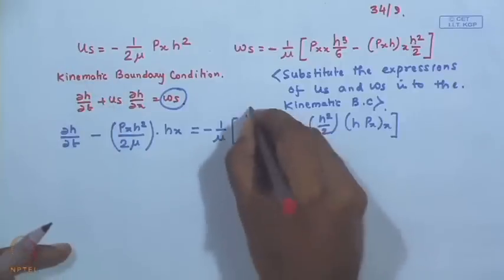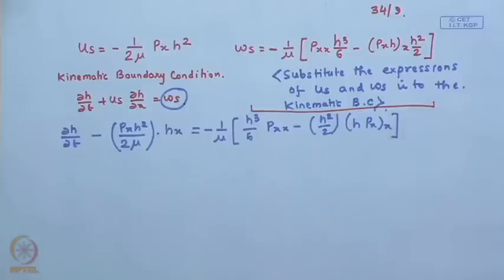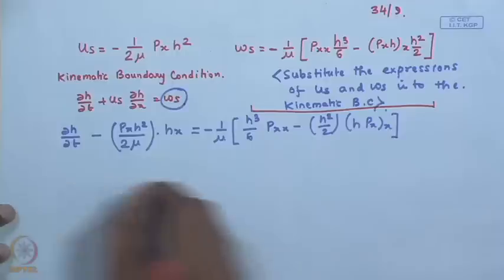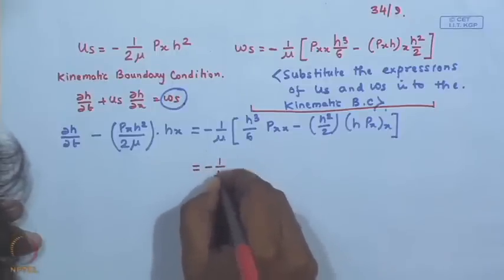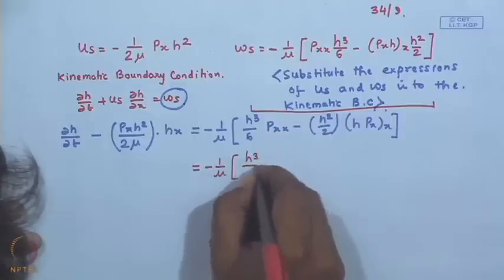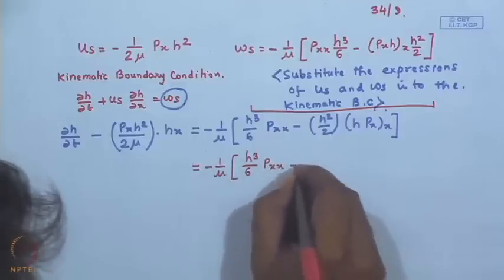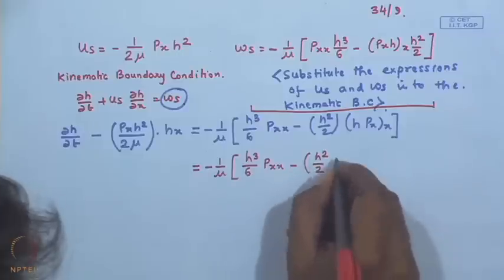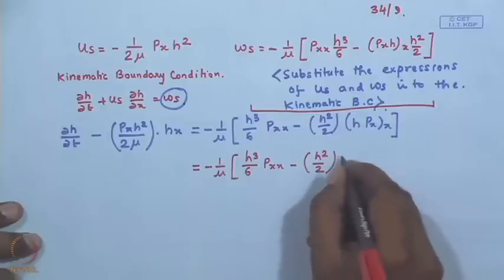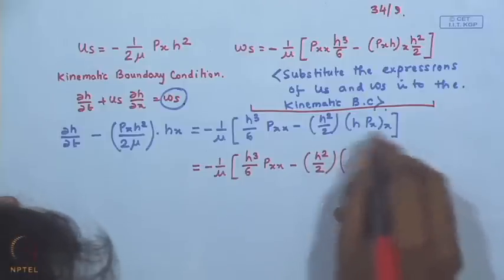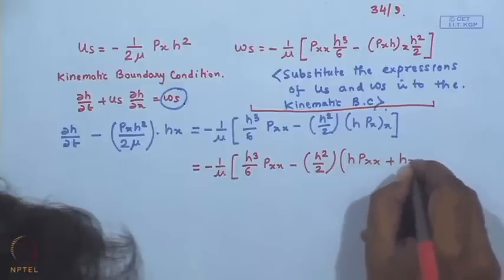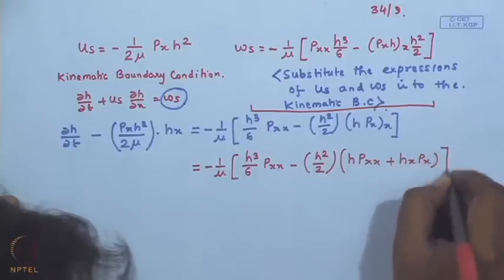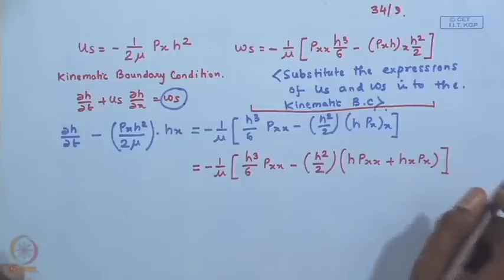Once you do that, you need to do a little bit of algebraic manipulation, particularly on the right hand side. So, it is minus 1/μ H³/6 into Pxx minus H²/2 into the differential, which we now want to break up as H Pxx plus Hx Px, because both H and P are functions of x.